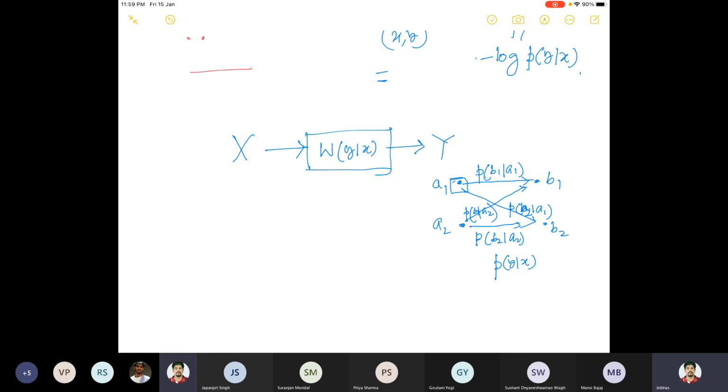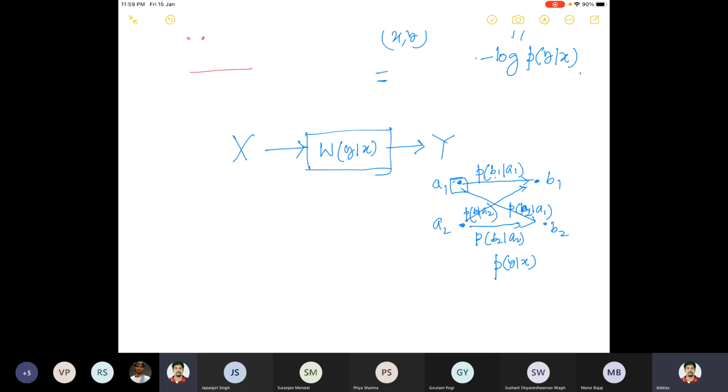There are two options, B1 and B2. If A1 is transmitted, then at the receiver's end, either B1 or B2 is received. So P of B1 given A1 is the probability to get B1, and P of B2 given A1 is the probability for the other, and the sum of these must be equal to 1.